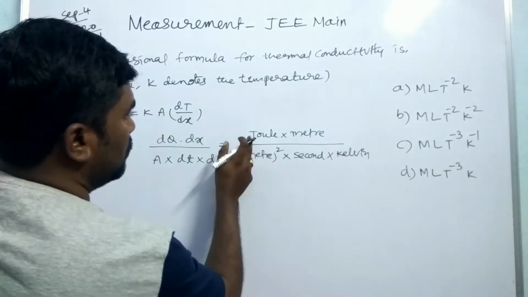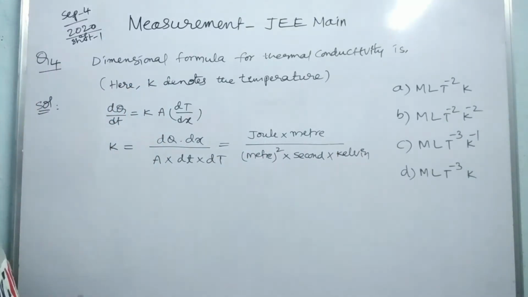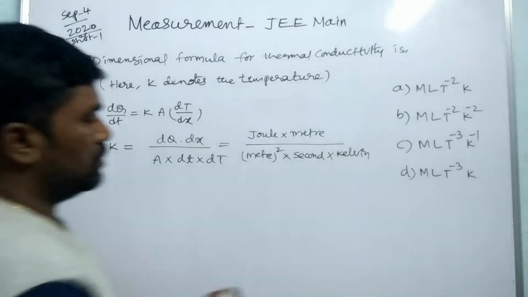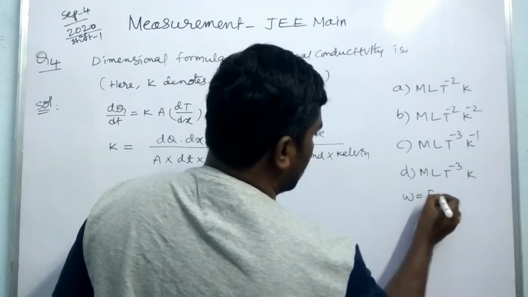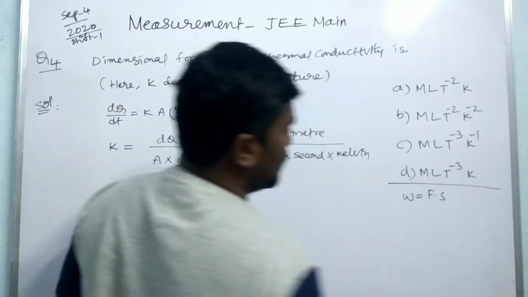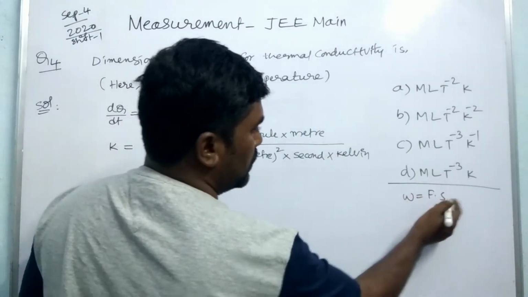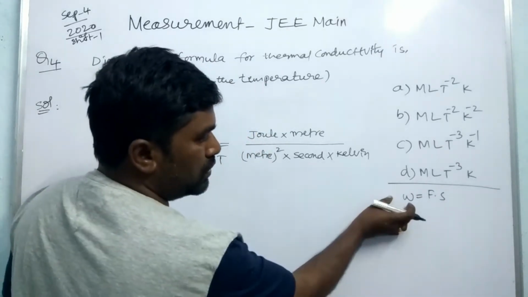Now, joule should be written in other units. So what is the joule here? Work done is equal to F into S, force into S, W is in joule.